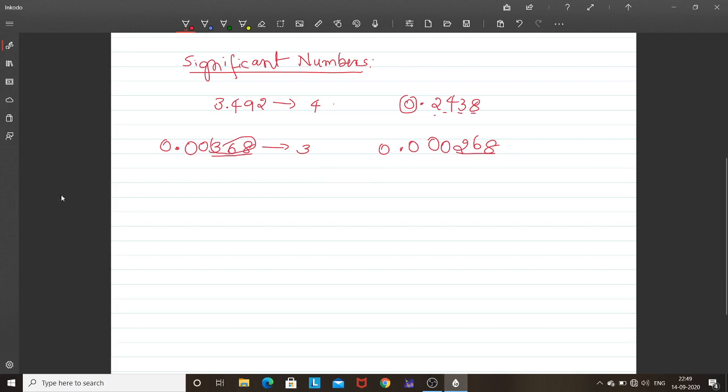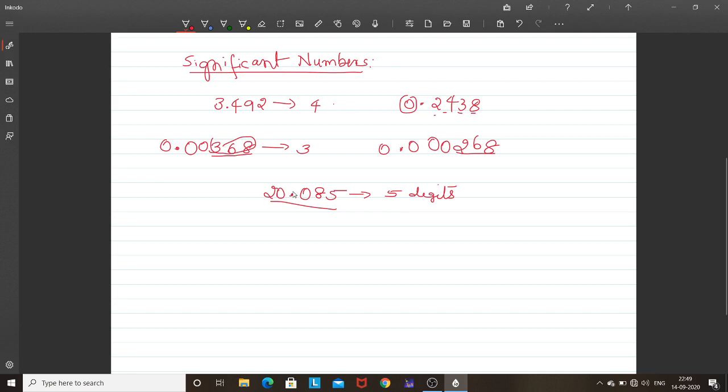If I take 20.85, now you can count 1 2 3 4, so you have 4 significant digits, because the zero is in between the numbers. We don't have a separate zero before the decimal or after the decimal.